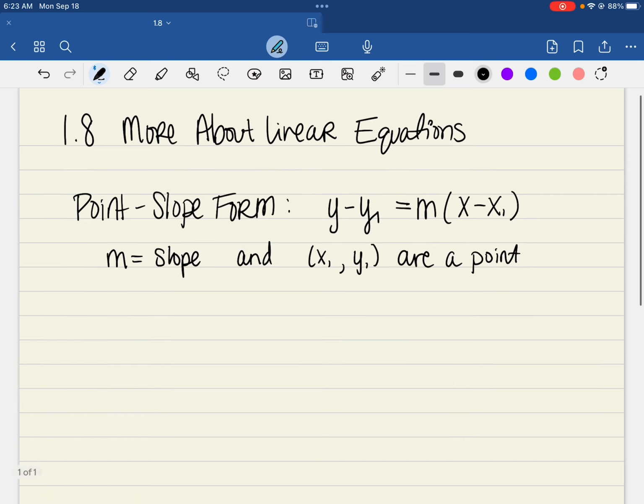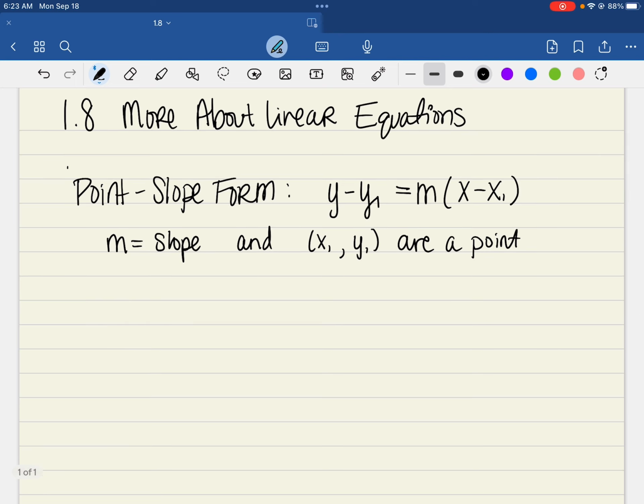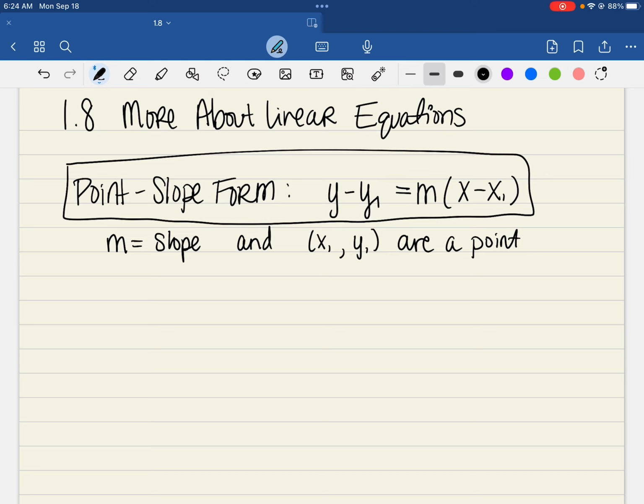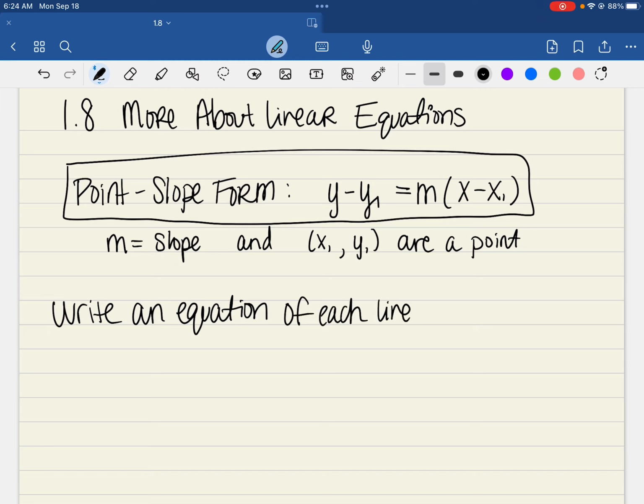So for our first type of problem, we are going to write an equation of each line using the given information.